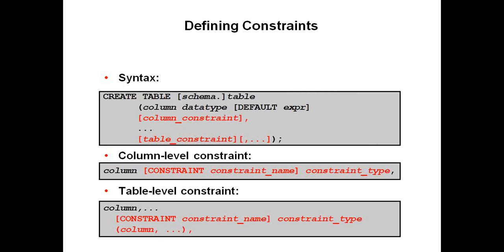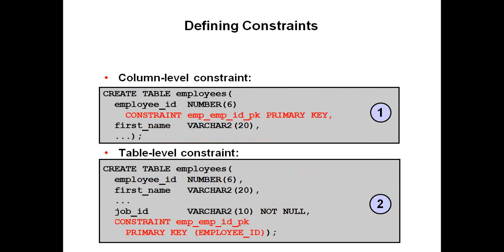So this is the syntax we are going to follow for constraints. Now I will directly jump into the example. This slide shows you the difference between specifying a constraint at column level and at table level.